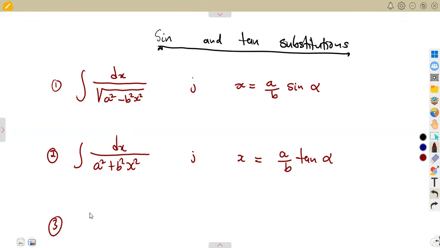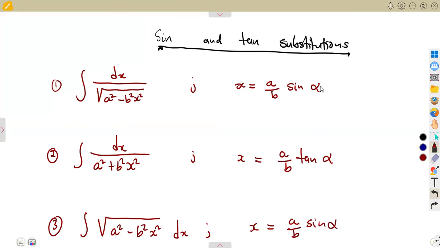All right, then the last one that we are given for an integral, if you're given the integral of the square root of, let's say, a squared minus b squared x squared, with respect to x, we are going to see that our x is going to be a over b, the sine of alpha, which is the same as this one that we had in the first place.